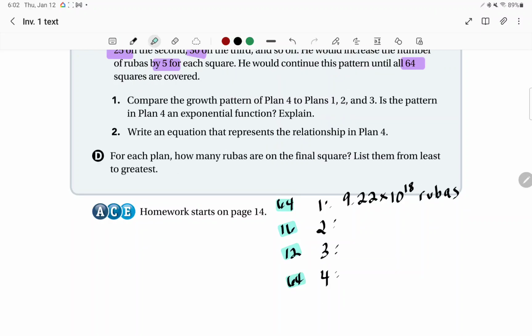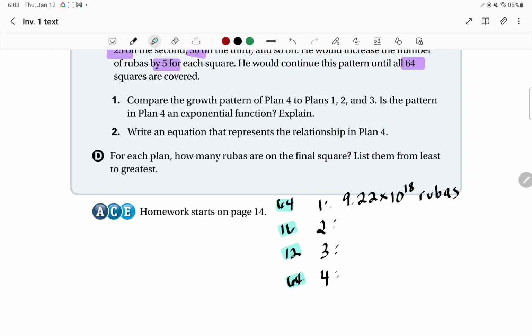So looking at the first one, remember that was 64, and that's where you started with 1 and doubled on every square. That was actually an insane amount of rubas. It ended up being like, I don't even know, but 10 to the 18 means you would take this decimal, move it to the right 18 times. So it would be 922 with 16 zeros. I don't even think that I know what that's called, but it's an insane amount of rubas.